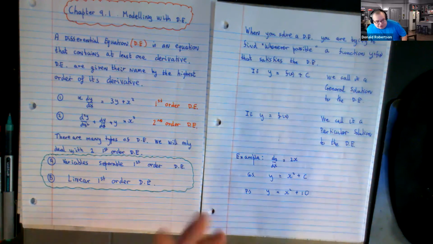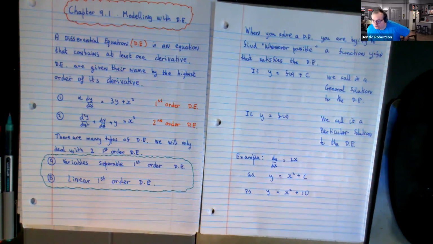For instance, in second order, there are simple second order, there are homogeneous second order, and there are non-homogeneous second order differential equations. Differential equations very often get a name associated with them, because if you can identify what kind of differential equation you've got, you can then figure out what method you're going to use to solve it.